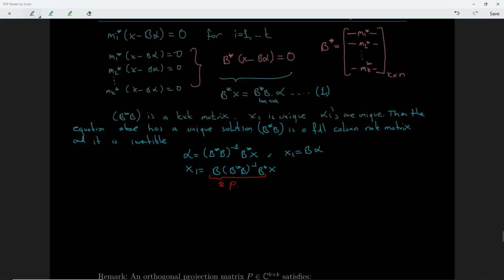And this is an orthogonal projection matrix, which projects X onto our subspace M.